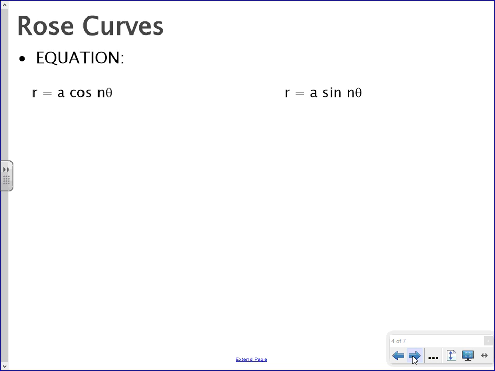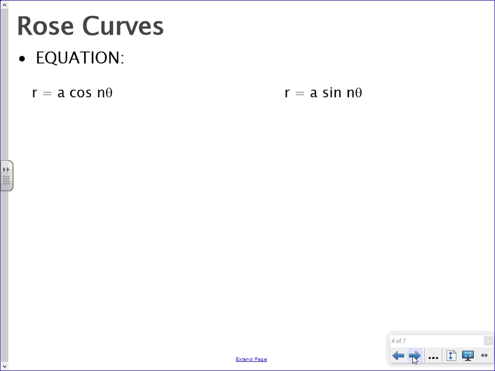So rose curves are in this form. They look a lot like the circle, except there is a coefficient in front of theta. So we need to talk about a few things. There are 3 different things that this tells us.